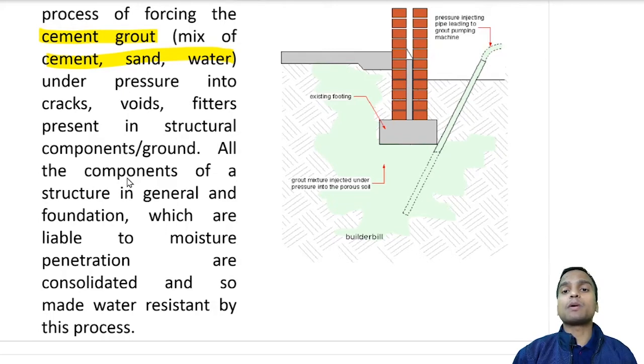This is called the grout pumping machine, and the slurry is passed through under pressure, and this is the existing footing level of the building, and here this is the hole which is being grouted.